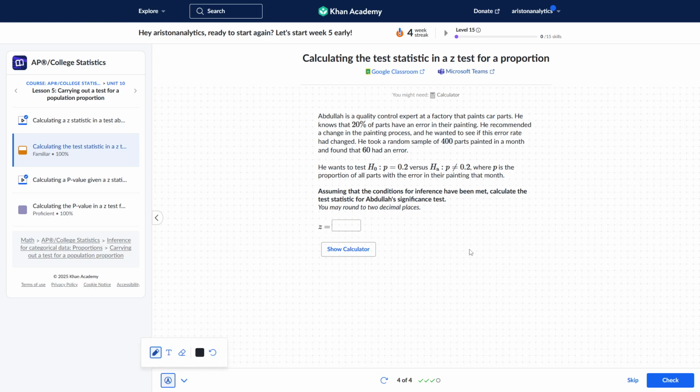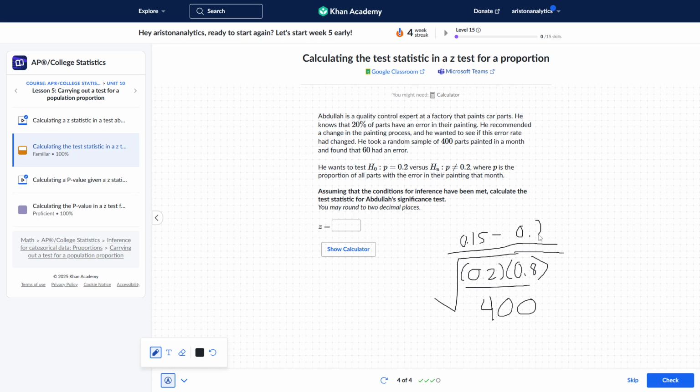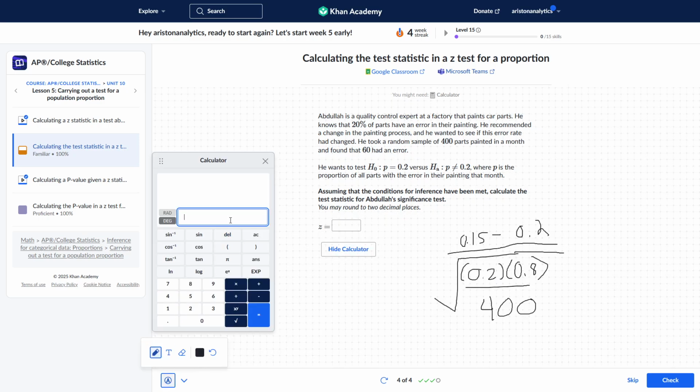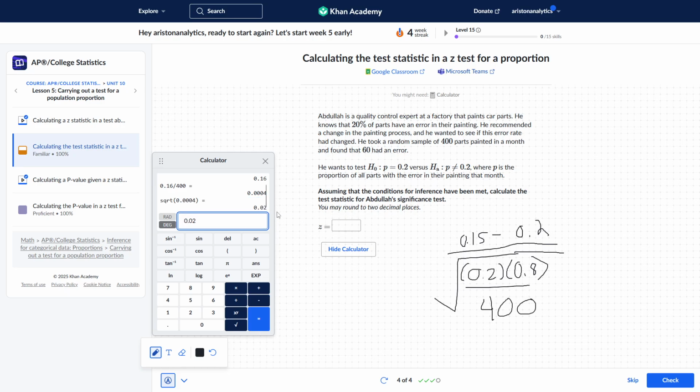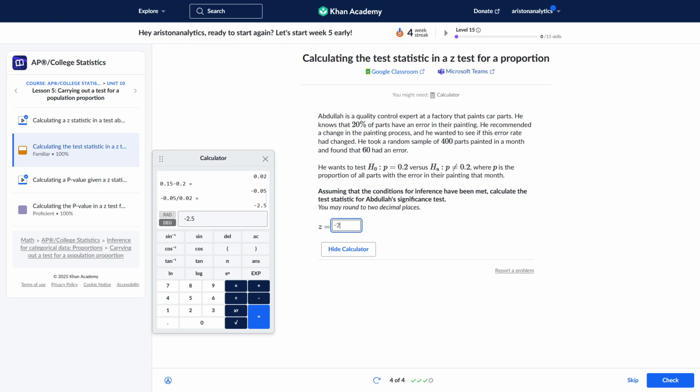Yep, okay. $400, 0.15 minus 0.2. Negative 2.5.